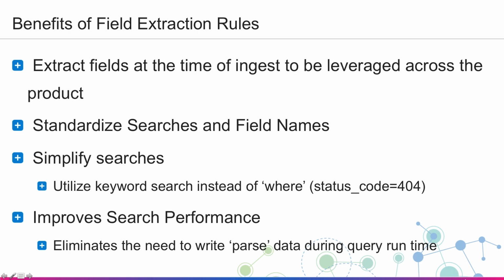It allows you to simplify searches as well. When you have field extraction rules set up, you can bring some of the things that we'd normally put into a where clause up to the front of your search. So you can combine your metadata tags and keyword searches with these new fields. If you're searching for Apache logs, for example, you can search for where the status code is equal to 404.